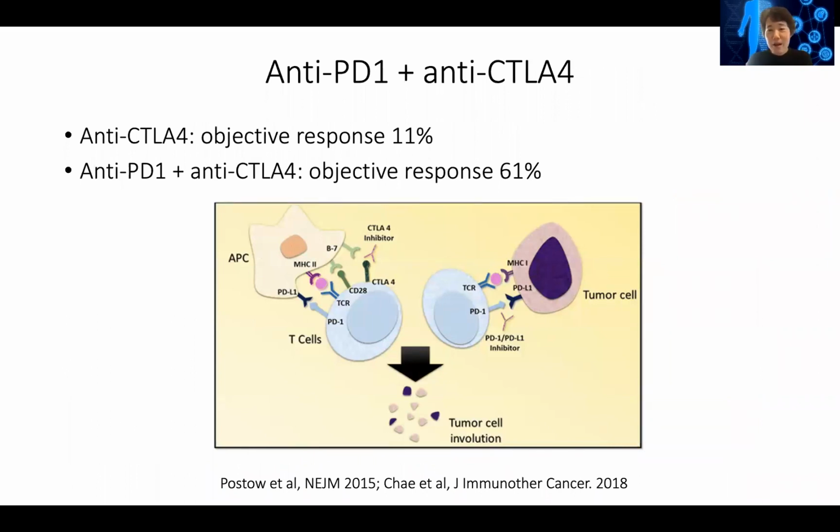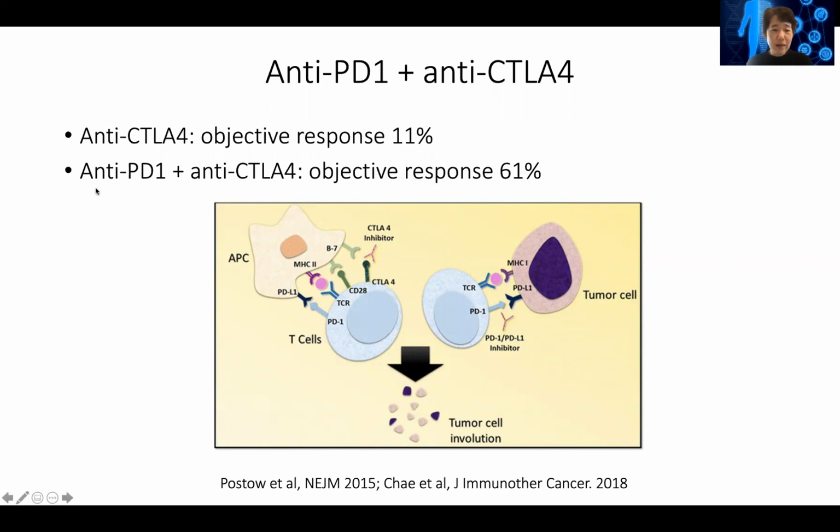For example, previously people have tried just using anti-PD-1 or just anti-CTLA-4, but this is an example of a trial published in the New England Journal of Medicine. They see that with the single drug anti-CTLA-4 in melanoma, the response rate is only 11%. For PD-1, I think it's a little higher, probably 30%.